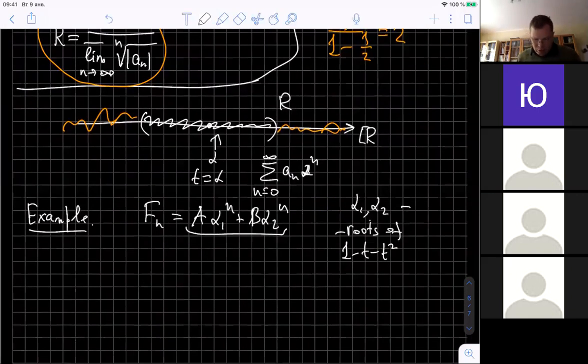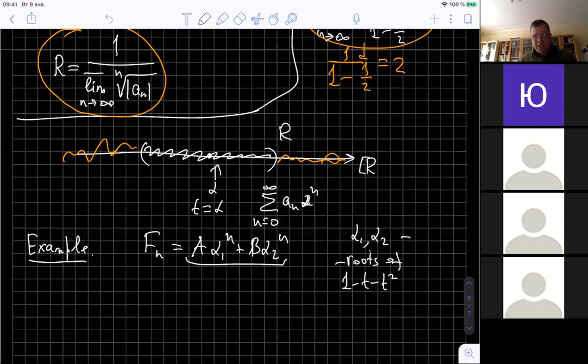Okay, so if we take the nth root of the modulus of this element, I think first we can consider that if we take this root of the first element, then we have just the nth root of modulus 1 times modulus of alpha 1.